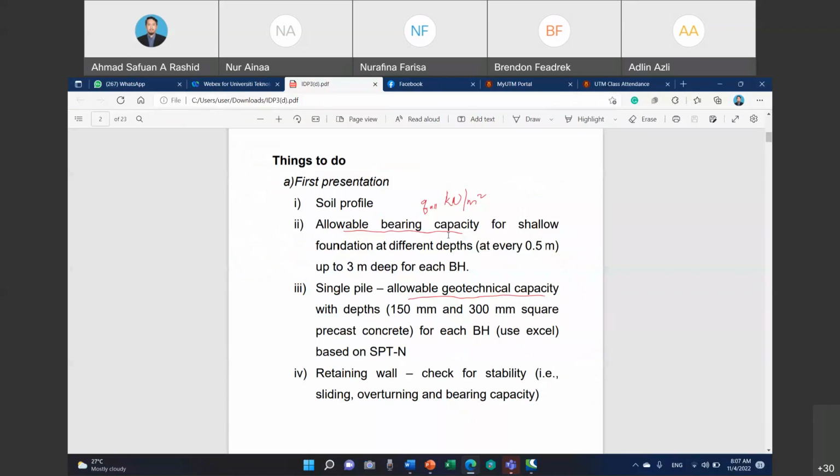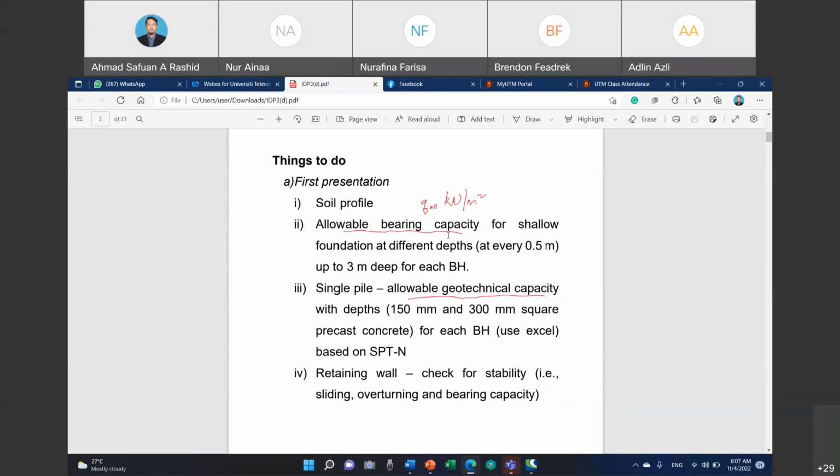Saya nak tanya yang apa, grup IDP 2 untuk geoteknik, ada tak awak dapat information untuk projek awak? Boleh bagi respon tak? Hello? Doktor.